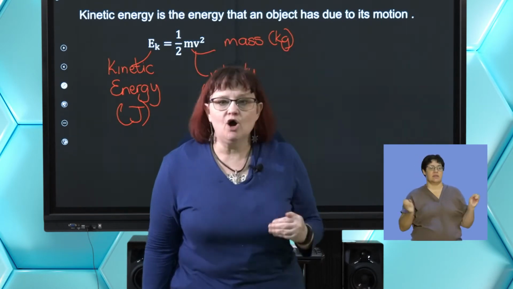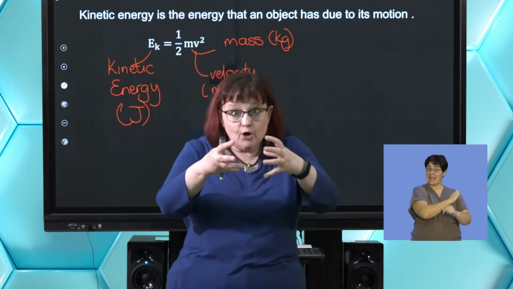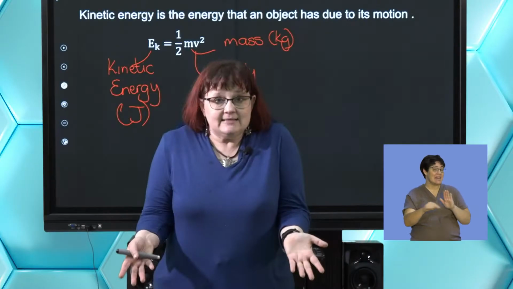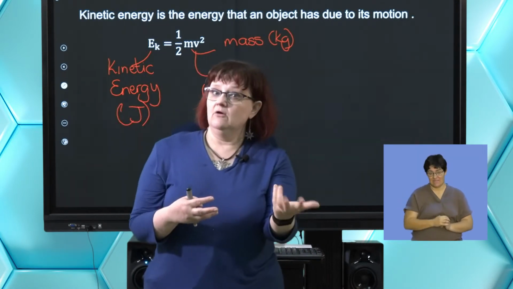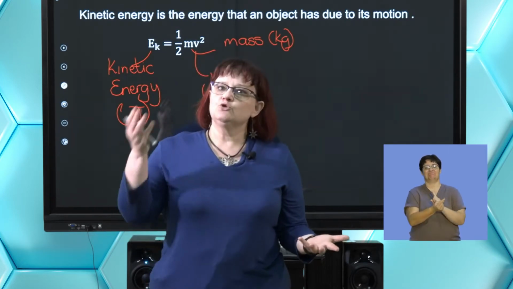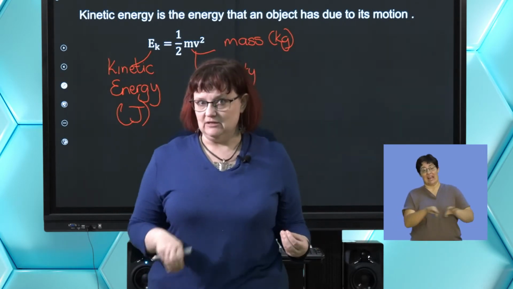Also, you can't get a negative value for kinetic energy, because velocity is squared. Even if the velocity is negative, it doesn't matter because we're going to square it. And the square of any negative number is a positive number. So you cannot get negative values for your kinetic energy in this section.